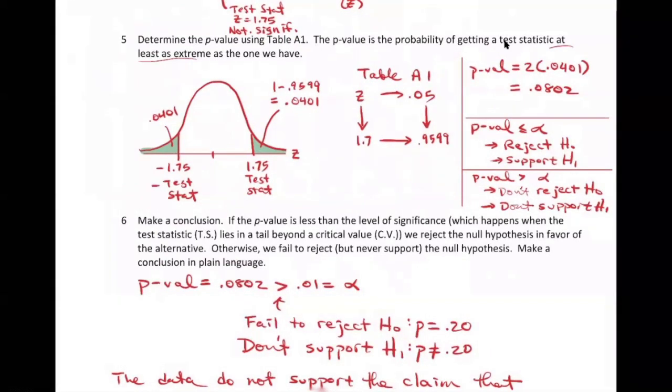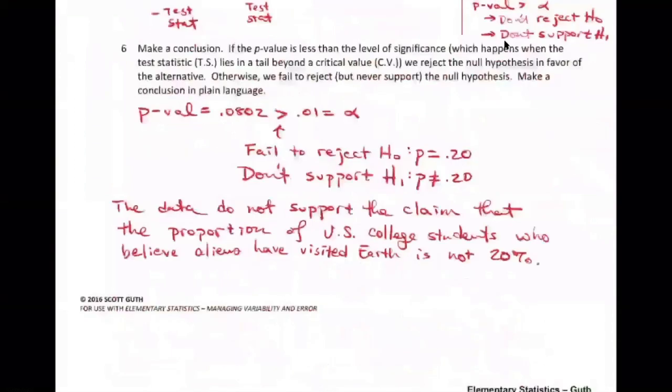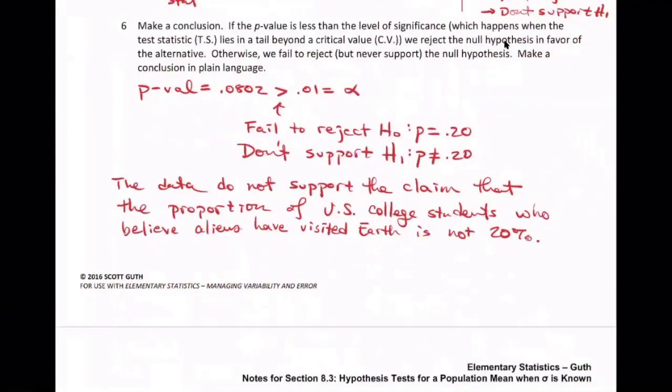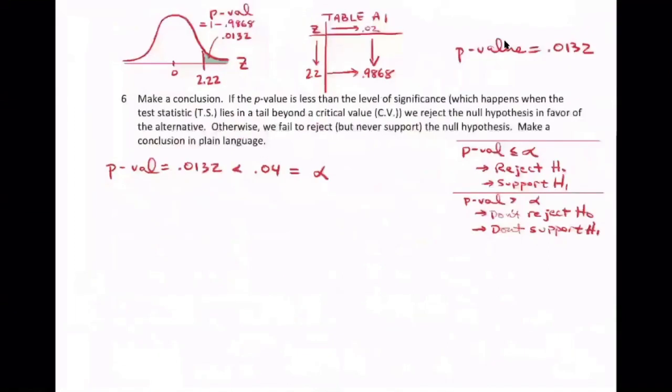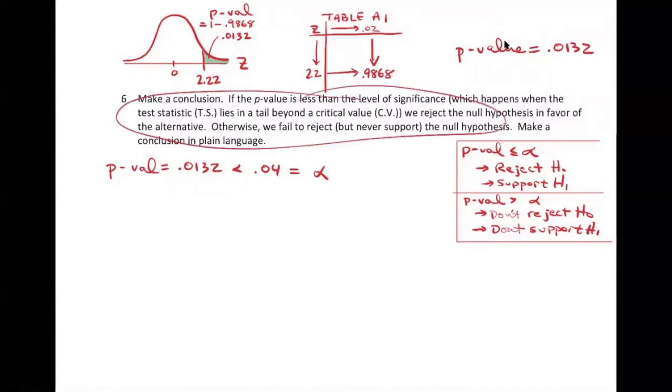Because it's always this idea: small p-value causes rejection of the null hypothesis. So I'll paste that in, and that will be the rule for the rest of the semester. It's just a brief way of explaining what I explained in this paragraph here.